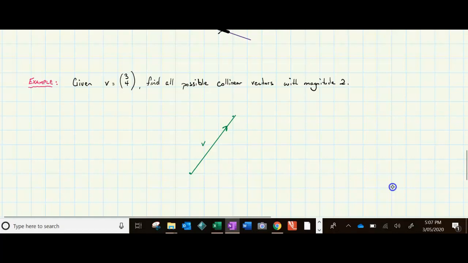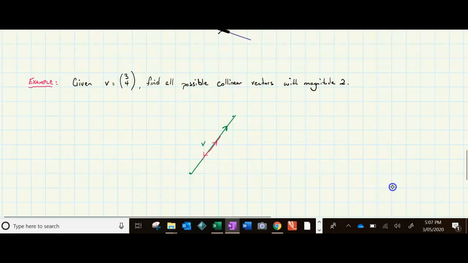So I might have a vector that just goes along, gives about distance 2, and just does that. Or it could go in the other direction. It doesn't matter. Collinear vectors can be going either way. So what are these vectors? How do we define them? Well, they've got length 2.